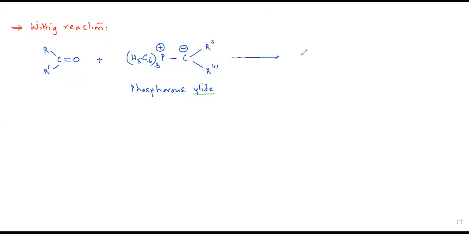Then obviously we get this alkene, R' double bond C R'' then R'''.